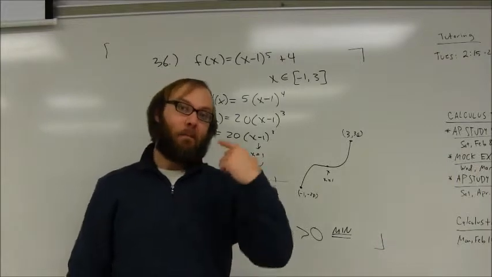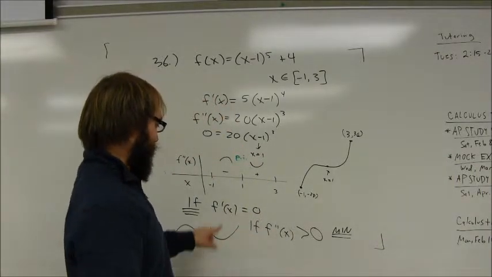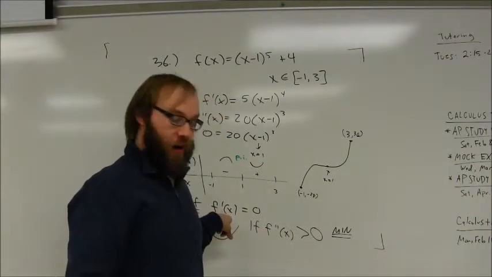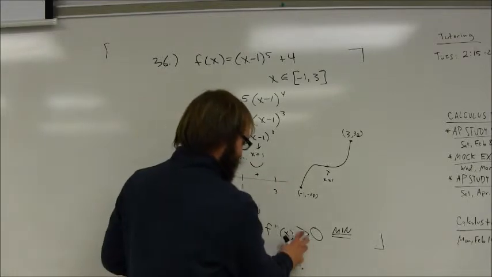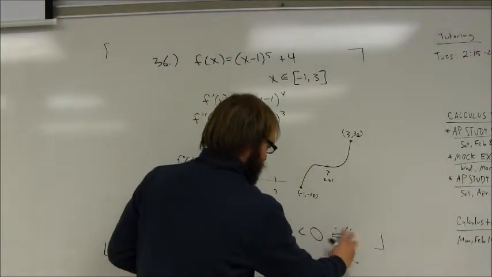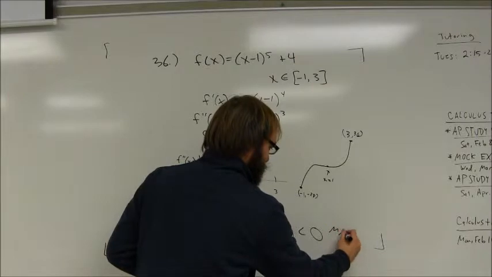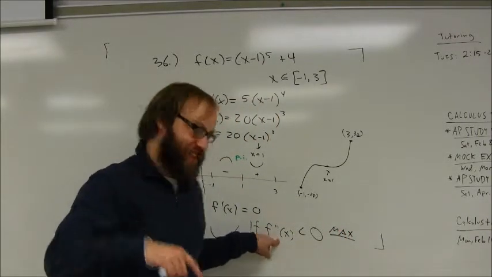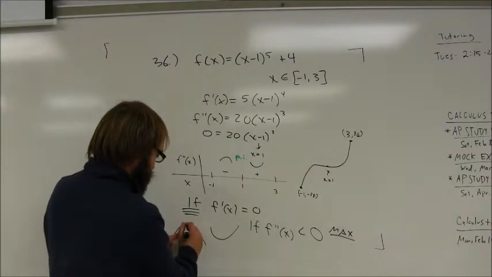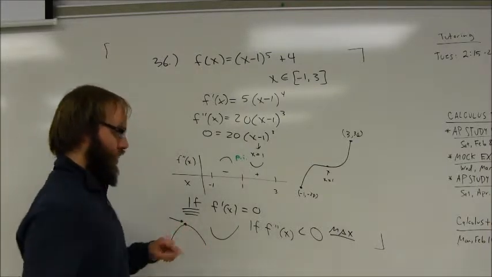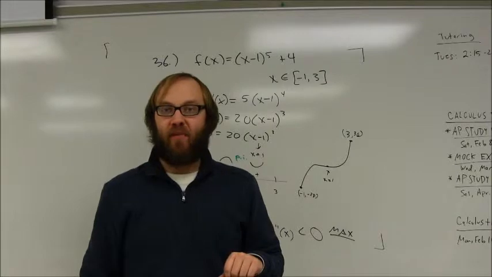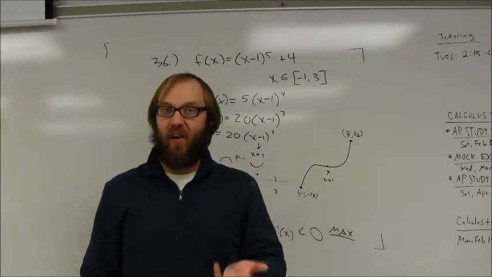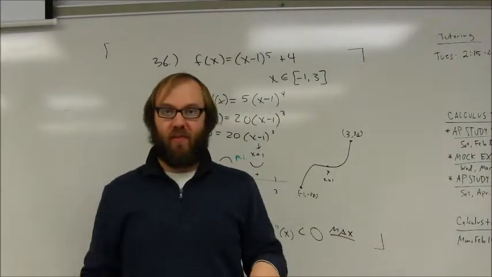Meanwhile, if the derivative is 0 and the second derivative is less than 0, you get a maximum value. And again, that should make sense because if the second derivative is less than 0, it's concave down, which means you're going to hit a maximum point like that. And if the second derivative at that point is 0, there's just some kind of question.